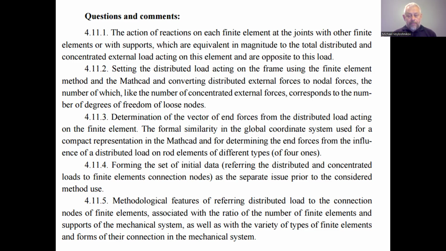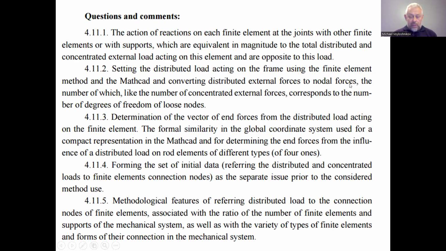One of the assignments when using Mathcad and the finite element method is converting the distributed load to concentrated forces, and we have to convert distributed external forces to nodal forces. This is the main issue.